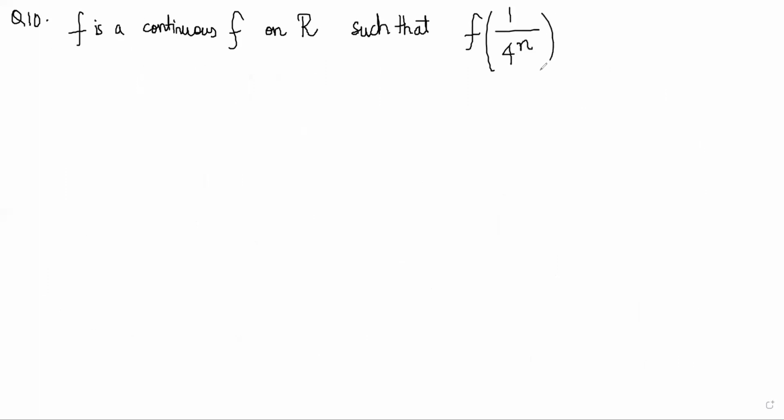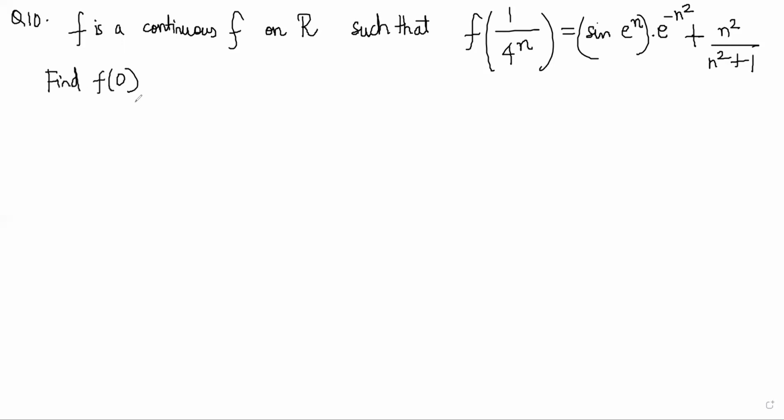F is a continuous function on R such that f of 1 by 4 power n is equal to sine e power n multiplied by e power minus n square plus n square by n square plus 1. Then find the value of f of 0.